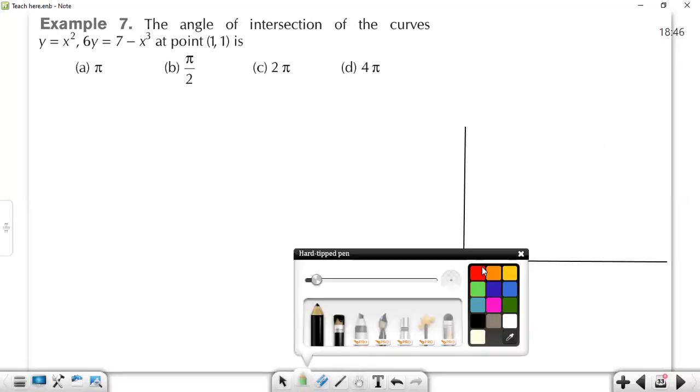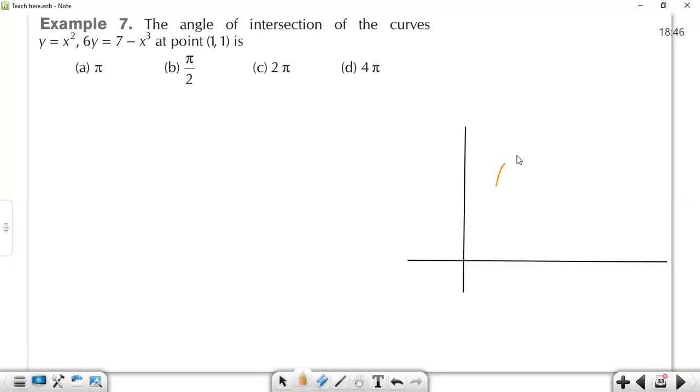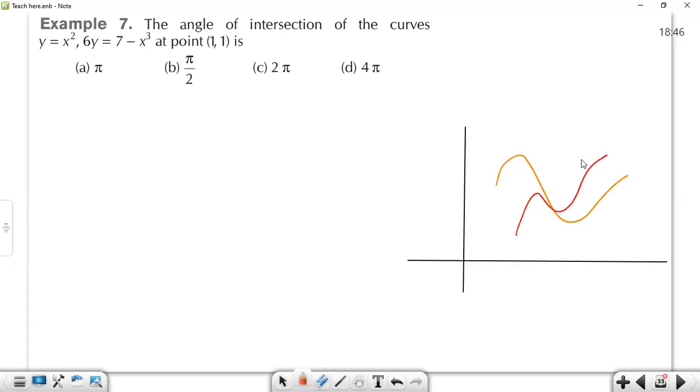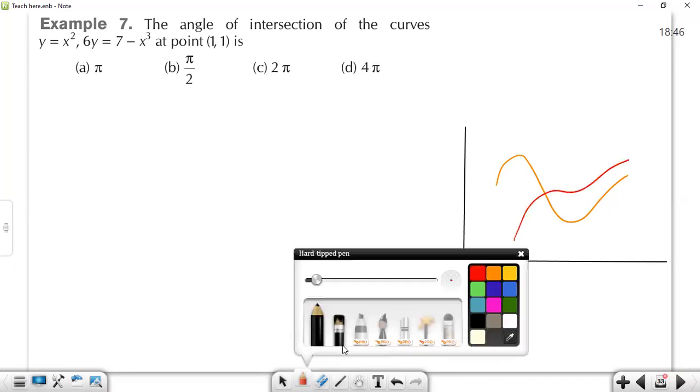So there are two functions. Say this is the curve of the first function, and let us say this is the curve of the second function. Let me draw it some more. In this question, we have to find the angle between these two functions at the point of intersection. The point of intersection is this.